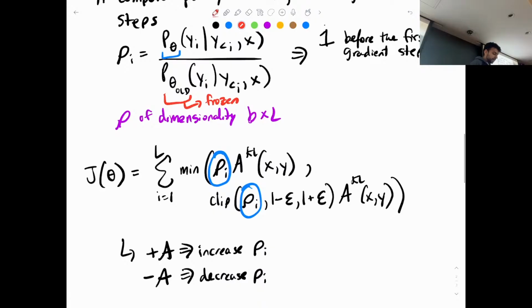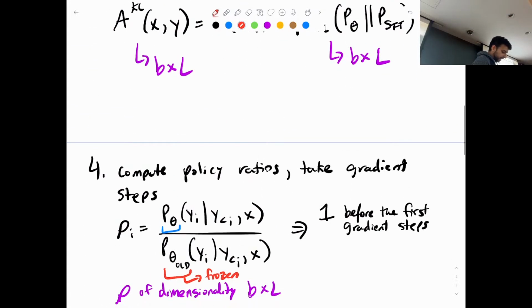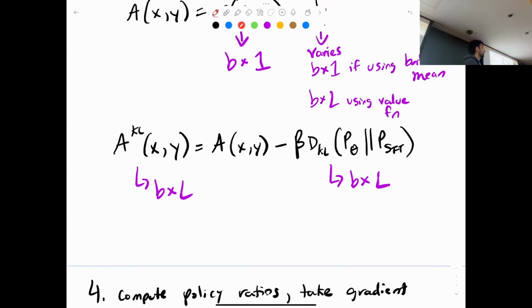Now, if you look at the other terms in this loss, you'll see that the advantage also includes P theta through the KL term, right? The KL term is a function of the P theta and also P SFT. Of course, P SFT we're going to keep frozen. We don't want to update that.